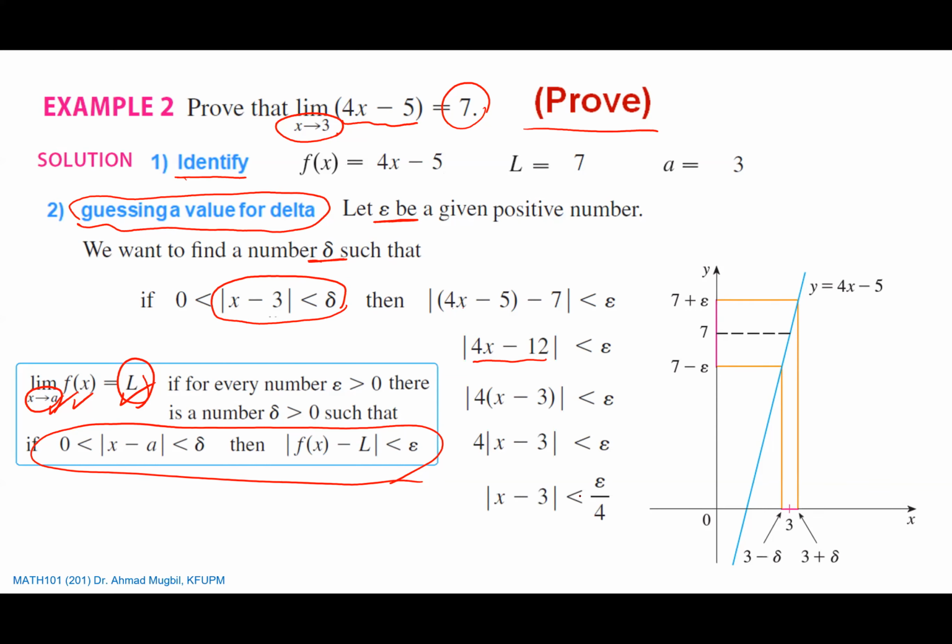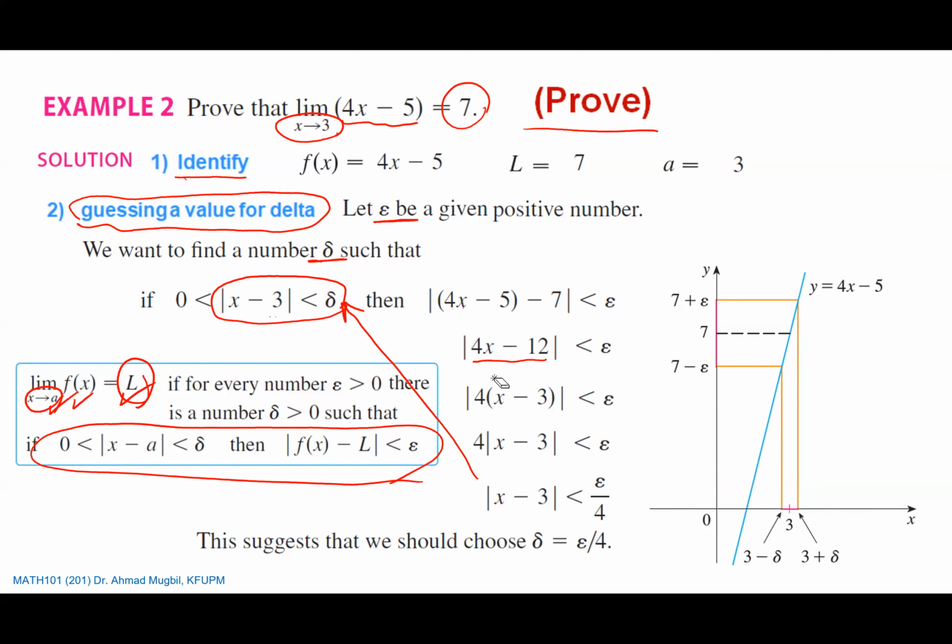Then the absolute value of x minus 3 is less than epsilon over 4. Compare this with this. This suggests that delta is what? Epsilon over 4. So this suggests that we should choose delta equals epsilon over 4.